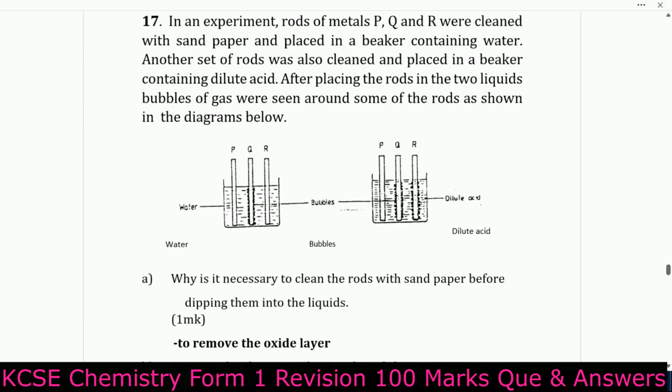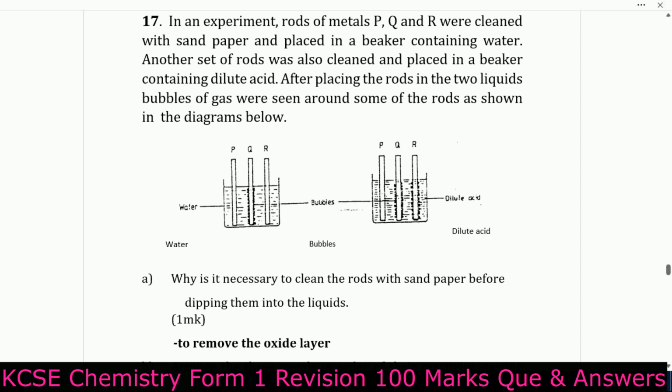Number 17. In an experiment, rods of metals P, Q and R were cleaned with sandpaper and placed in a beaker containing water. Another set of rods was also cleaned and placed in a beaker containing dilute acid.